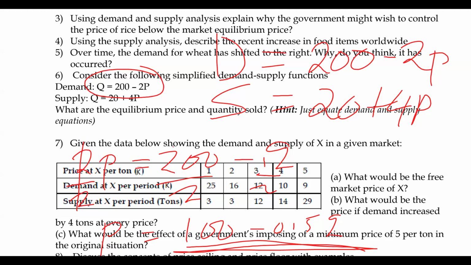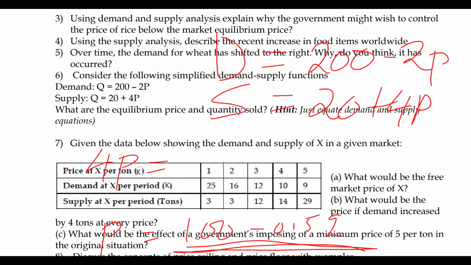You can still use basic algebra and invert the supply function as well. You can have 4P equals Q minus 20, right?